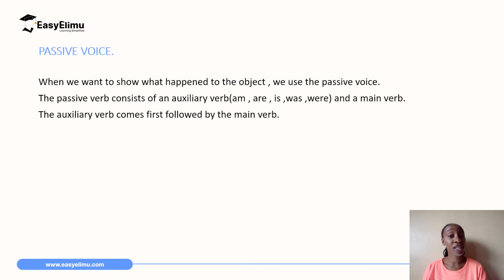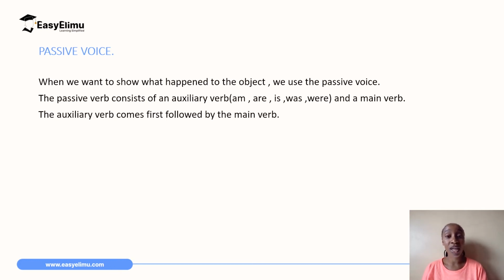And the passive voice, as you're going to see in some examples in the sentences, you will realize that we now add an auxiliary verb and still have the main verb. It is important to note that the auxiliary verb always comes before the main verb. Some examples of auxiliary verbs are is, was, are, were.